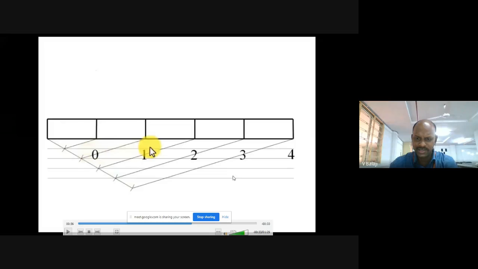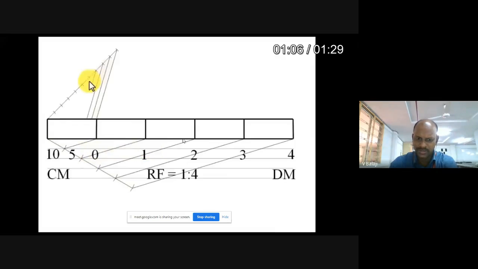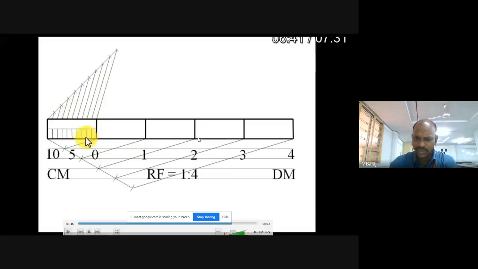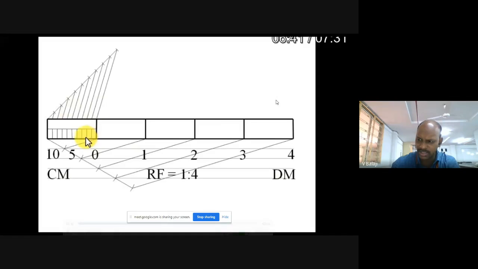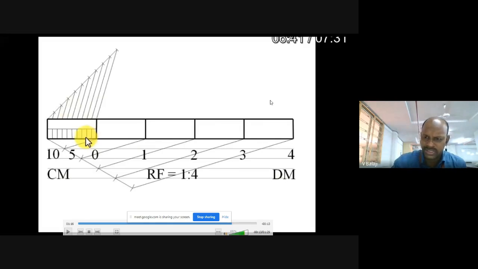So see here, to the right hand side of the 0 mark, we have the main unit decimeters. Just draw one vertical line here with the help of the mini drafter. How to show any dimension? We need to draw first 2 vertical lines, and in between the vertical lines we draw one horizontal line. That is the way to represent the dimension.